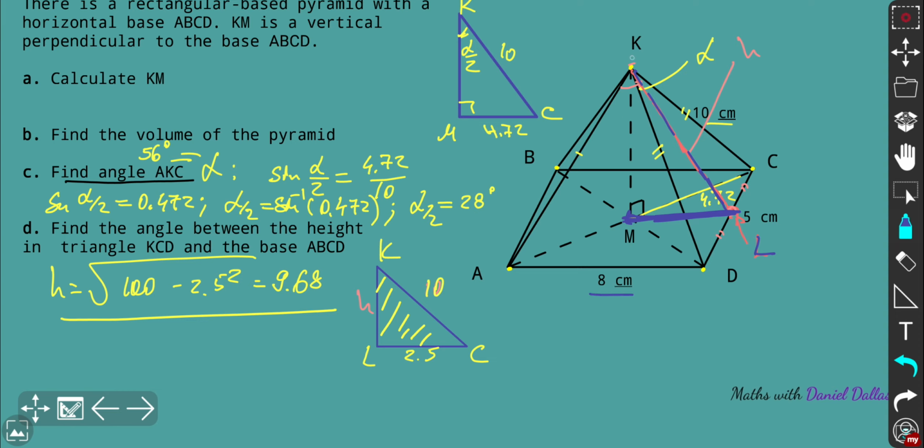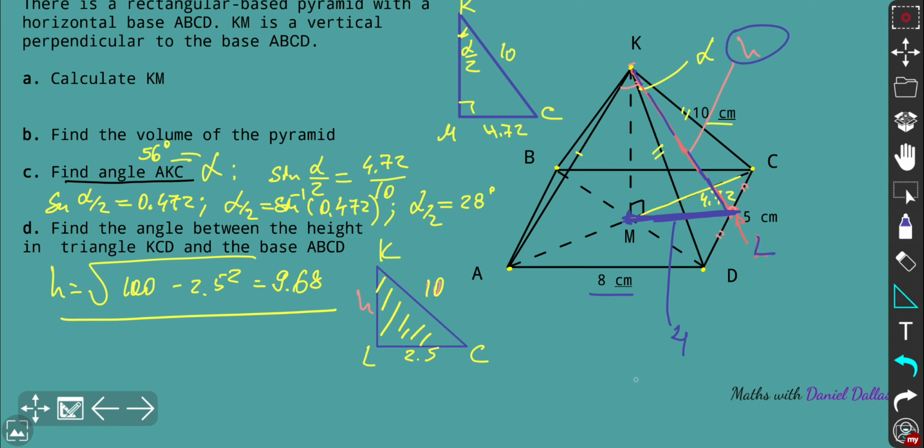But actually you can use KM as well. It doesn't matter which you're going to use. We know the height. We know, let's say this is the half, right? It's half of AD, it's 4. So from there we can figure out simply the angle which the height makes with the base.